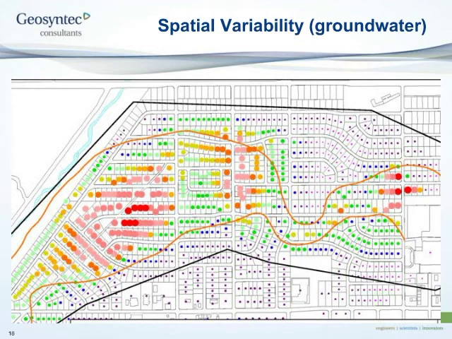In addition to the temporal variability, there's spatial variability. This is data from the California Department of Transport site in Colorado. There was a release of chlorinated solvents at the CDOT facility, high concentrations in groundwater nearby, the direction of groundwater flow in this vicinity, and eventually concentrations were measured to be quite low, and the plume was considered to be mapped.